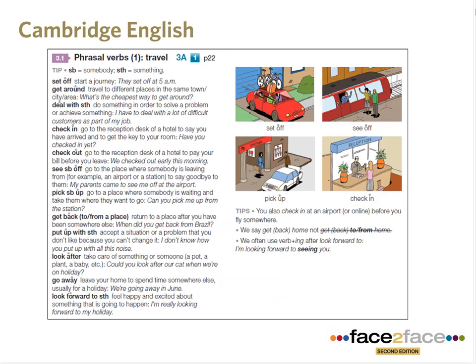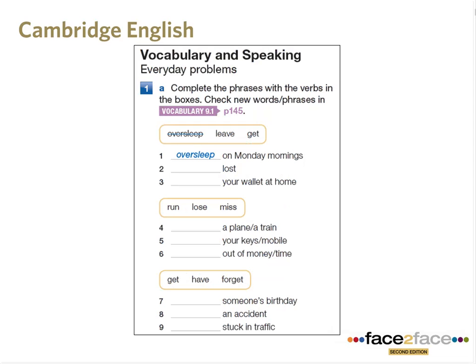And as well as meaning, teaching collocations in English is very important. We sometimes just want to teach students which verbs go with which nouns, i.e. the collocation. So here's an example from Intermediate. Teaching everyday problems, such as oversleep on Monday mornings, or in my case, on Thursday mornings.